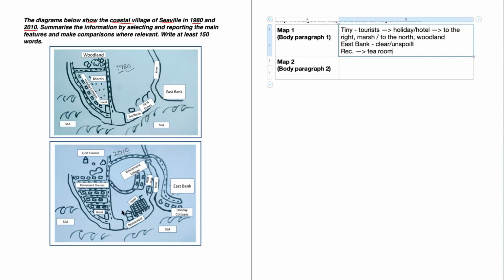Now, if we look at 2010, we want to understand the key details, but also think about it in reference to 1980. So first off, it looks like the village had grown quite dramatically because we see all of these extra additions. So I'm going to say dramatic growth, okay? And it looks like there is a retirement village here.